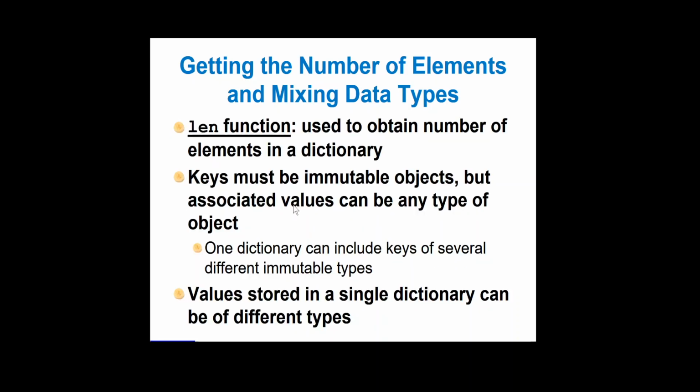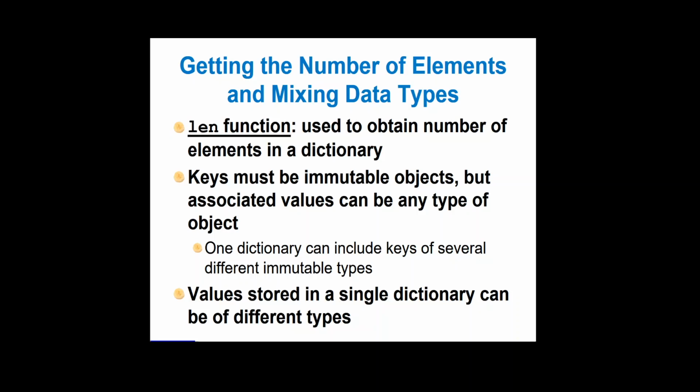One more thing. Now, the key-value pair can be of any type. What does it mean? I don't have to have integer for integer, float for float, or string for string. No, that means any immutable type can be a key.